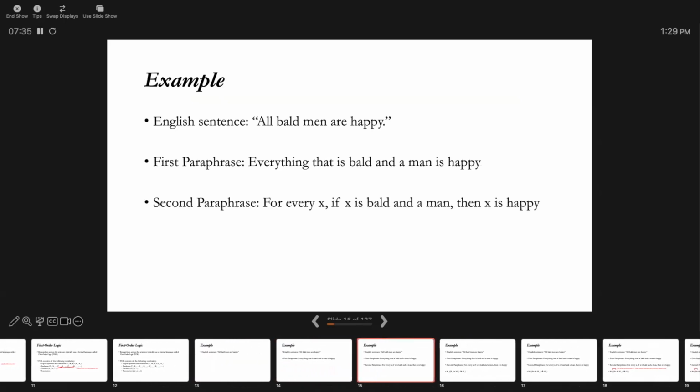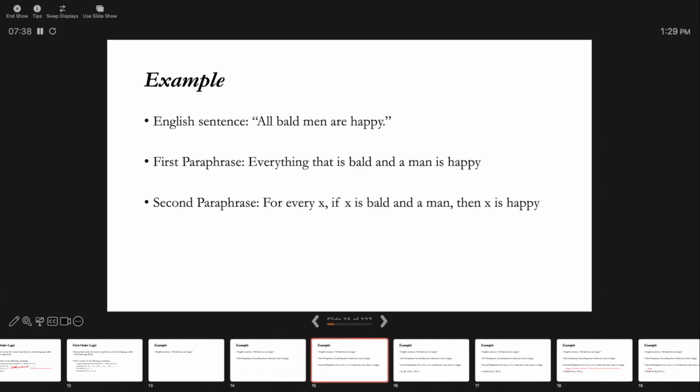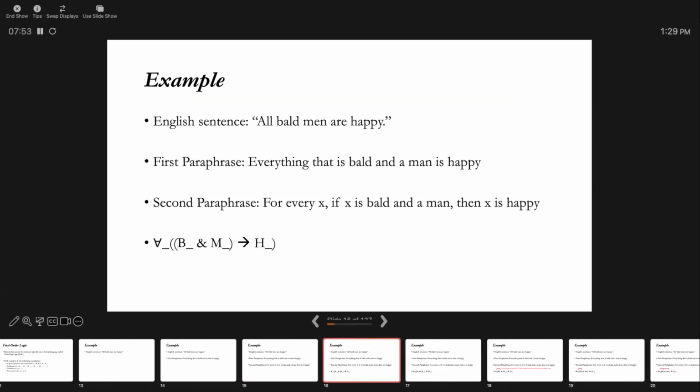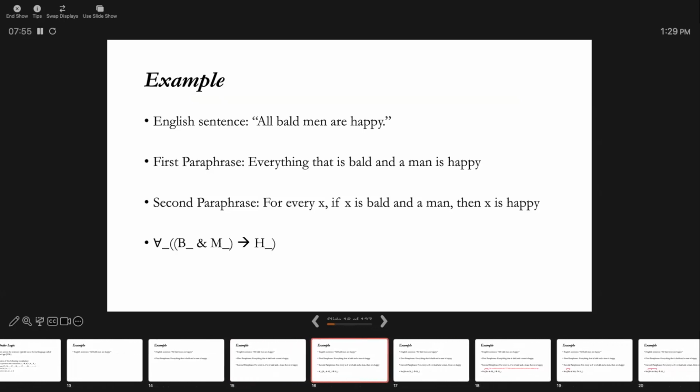A little more precisely: for every X, there's a variable. For every X, if X is bald and a man, then X is happy. Seems like it's tracking very closely the expression all bald men are happy. Something that satisfies being bald and a man is happy. And you can see this more formally in that vocabulary I was just describing.